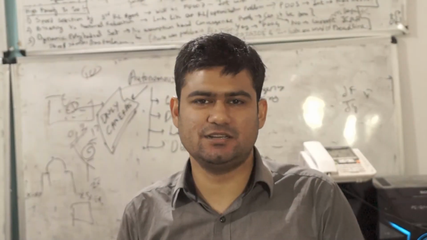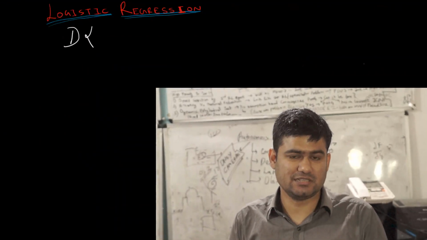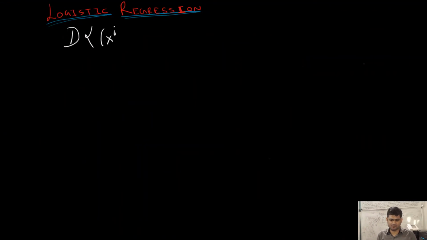So far in this lecture, we have considered, in logistic regression, a dataset D, which is a set of m data points xi and yi, where i goes from 1 to n, and each of the xi's is a k-dimensional real vector, and each of the yi's is binary.